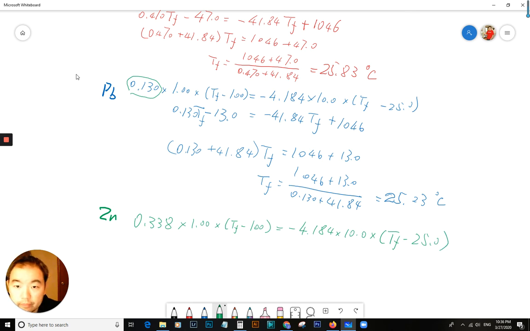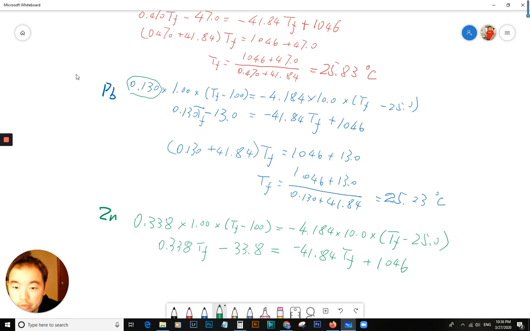So here it's going to be 0.388 T final minus 38.8 equal to negative 41.84 T final plus 1046.